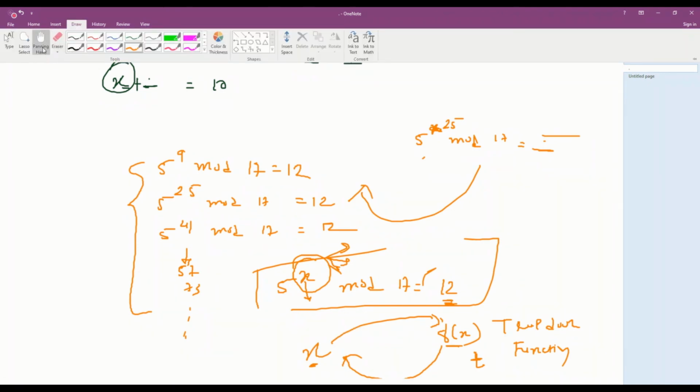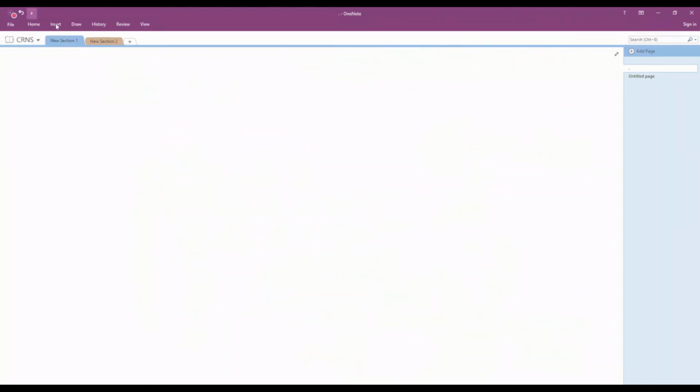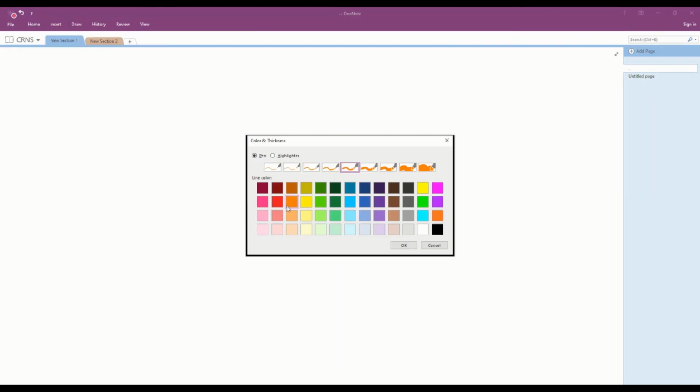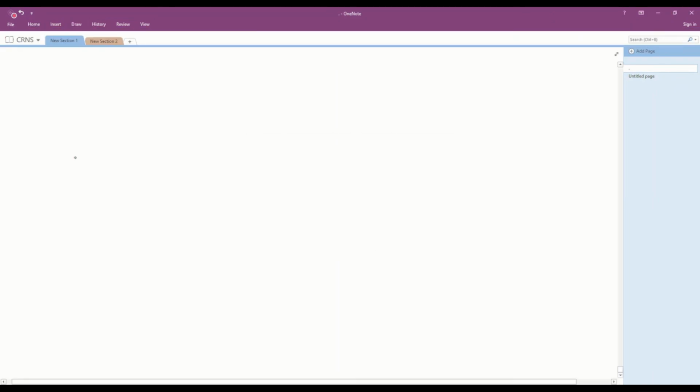Yes, ma'am. Okay, now I will tell you the practical aspects of this. Again, very simple, because you have already learned the algorithm and the example. g raised to x mod p.